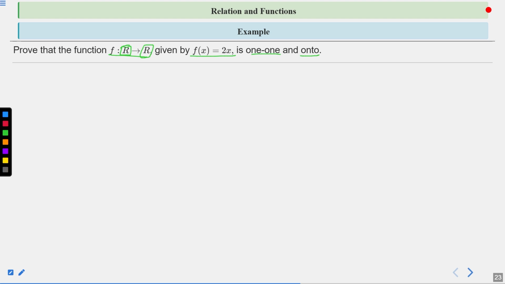So for any function, being one-one and onto totally depends on the domain and codomain we are taking. Clear? Without domain and codomain, you cannot answer whether a given function is one-one or onto.